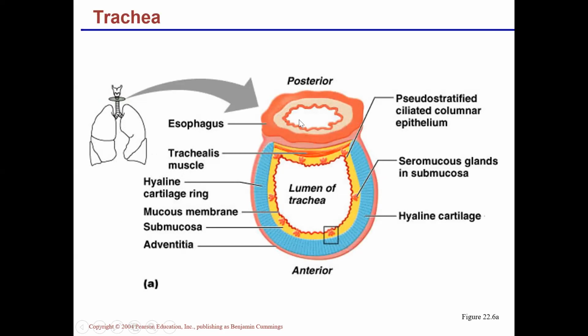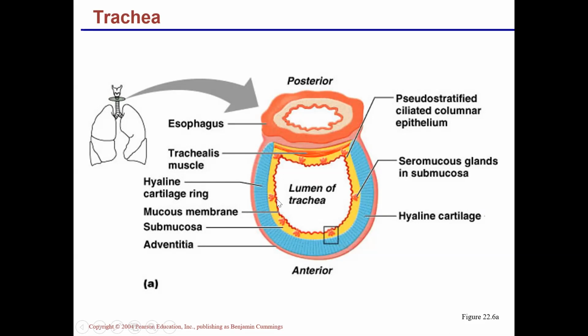And this is the posterior part. It is the esophagus, and between the ends of the C-shaped ring, right here, no cartilage, only a muscle. This muscle is called the trachealis muscle.